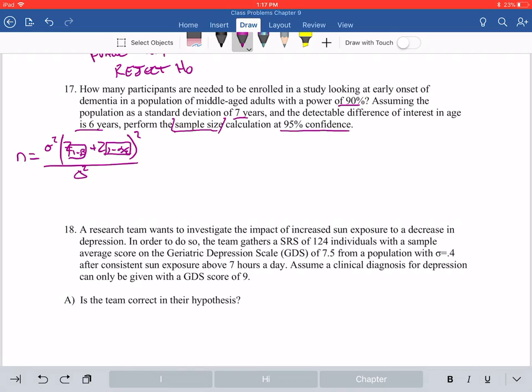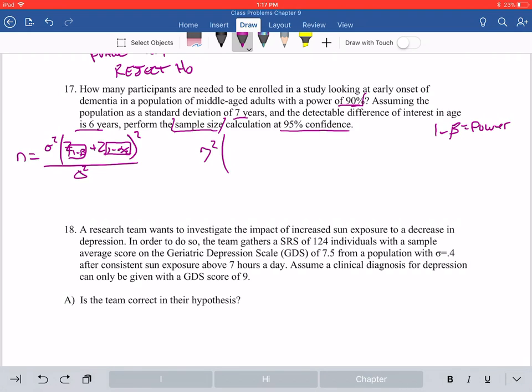So let's start from the beginning. Our standard deviation we said is 7, so it's going to be 7 squared times the z of 1 minus beta. So we all know 1 minus beta equals power.